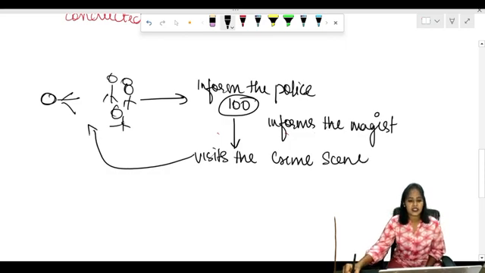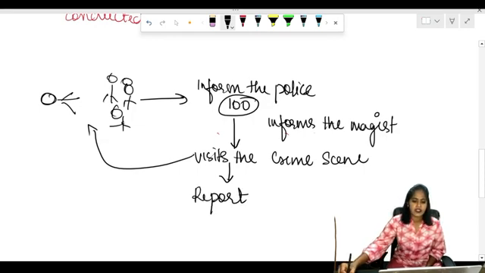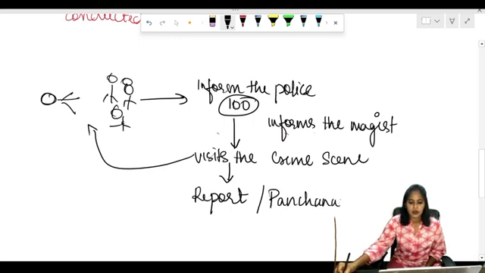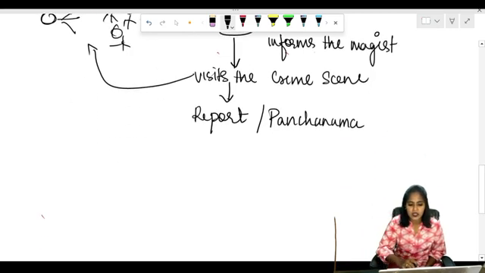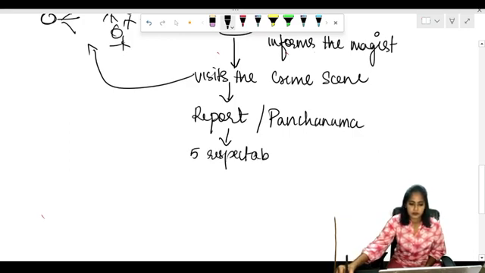Once he visits the crime scene, he has to prepare a report. That is nothing but the Panchanama. Why Panchanama? Because he records it in front of at least 5 respectable people, so that is why Panchas, 5, Panchanama.